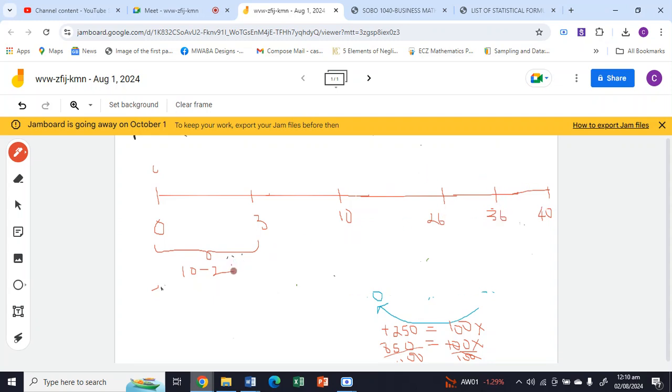So from the class 10 to 20, from 0 to the third position, then the class from the third position to the 10th position, that is 20 to 30. And then from the 10th position to the 26th position, that is 30 to 40.